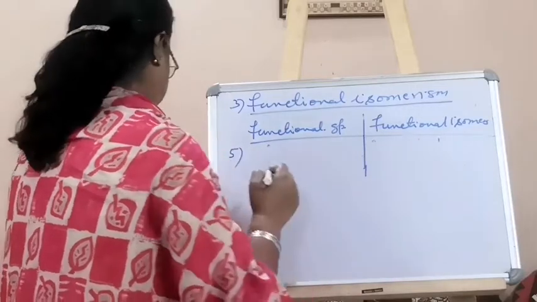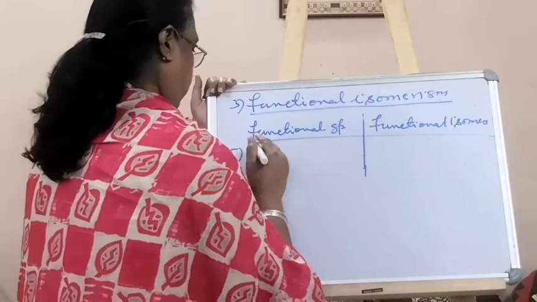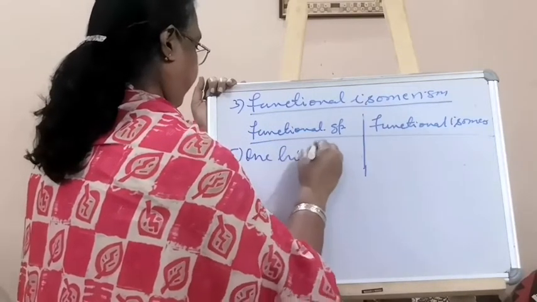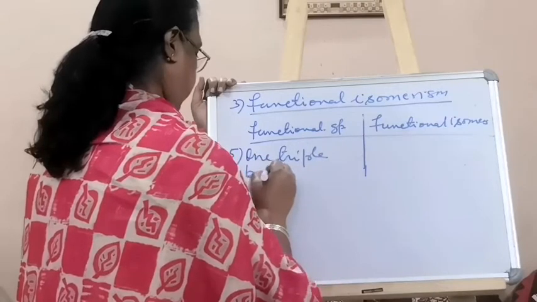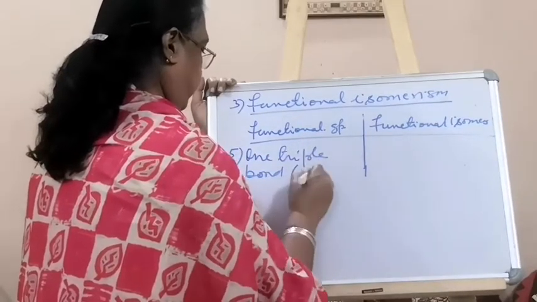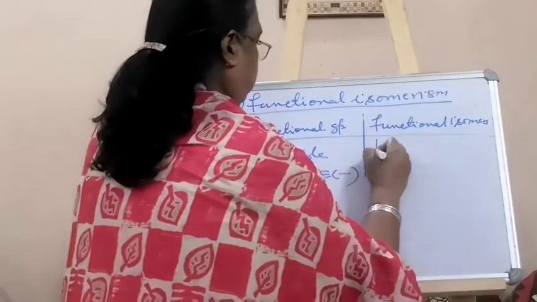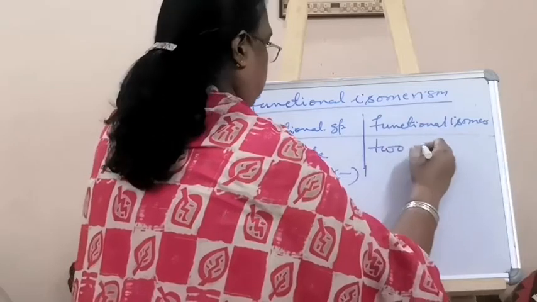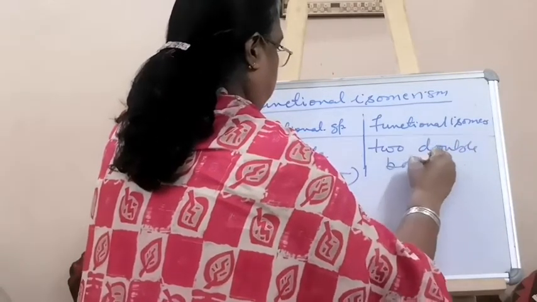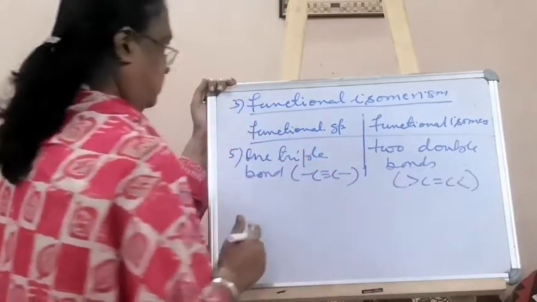Number 5 is one triple bond, which is a carbon-carbon triple bond, with 2 double bonds, carbon-carbon double bonds.